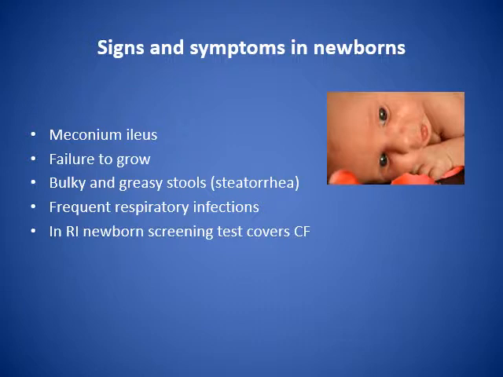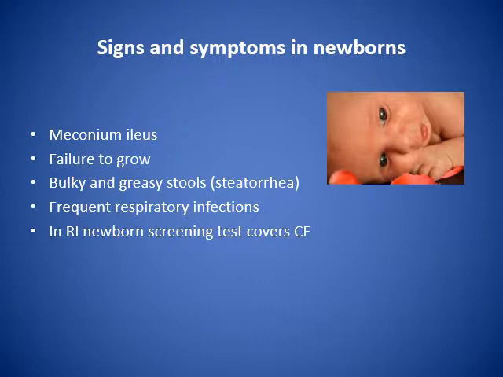They might have failure to grow, unable to maintain calorie growth because of the GI complications. They'll have bulky and greasy stools. Again, they're not absorbing their calories efficiently in their gut, which is causing a malabsorption problem, so their stools will be really smelly and greasy.